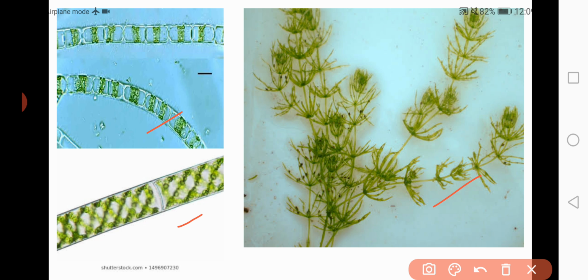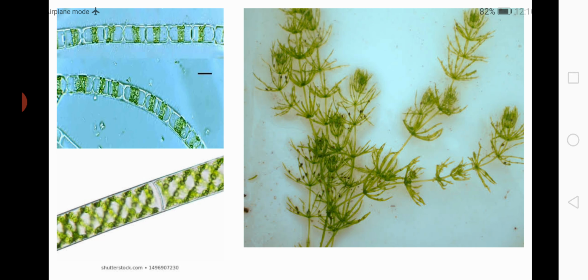This chloroplast contains a starch storage organ called pyrenoid. About reproduction, vegetative reproduction takes place by fragmentation, asexual reproduction by the formation of zoospores, and sexual reproduction by the fusion of male and female gametes. Under sexual reproduction there are three types: isogamous, anisogamous, and oogamous. Is that clear? So these are the general characters and examples of class Chlorophyceae.